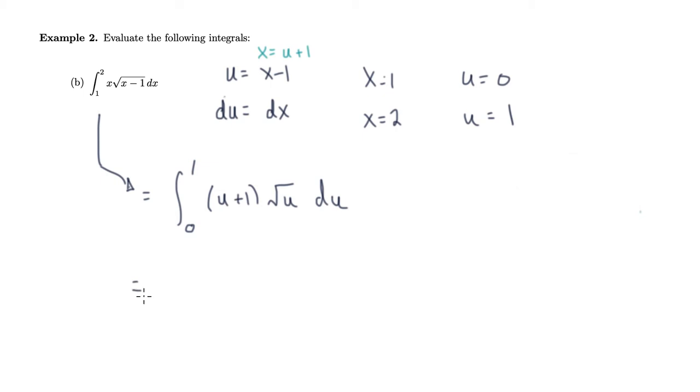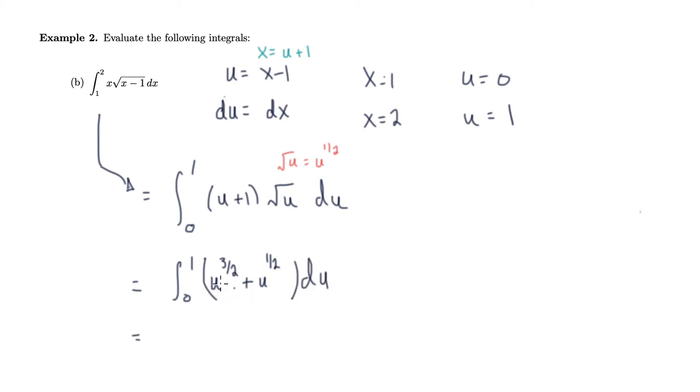Now it's not obvious at first how to find an antiderivative here, but we're not too far away. Remember that square root of u is u to the 1/2. I can distribute in u to the 1/2 and get the integral from 0 to 1 of u to the 1 plus 1/2, which is 3/2, plus u to the 1/2 du.